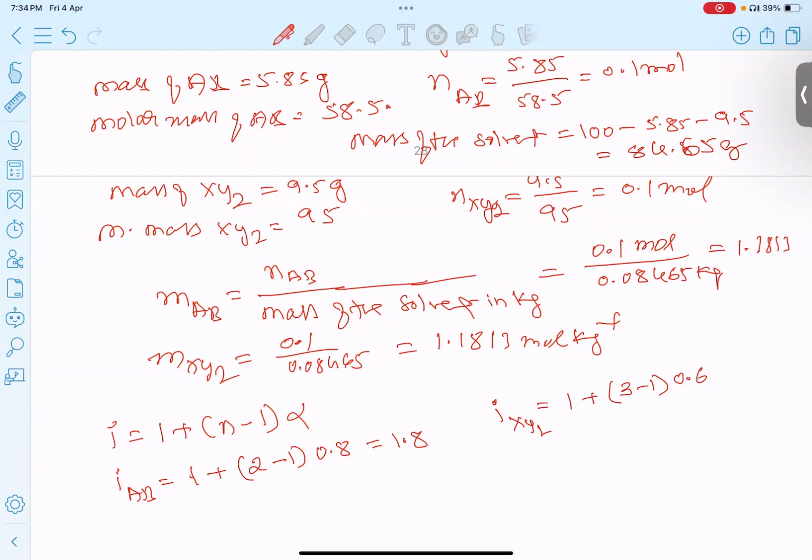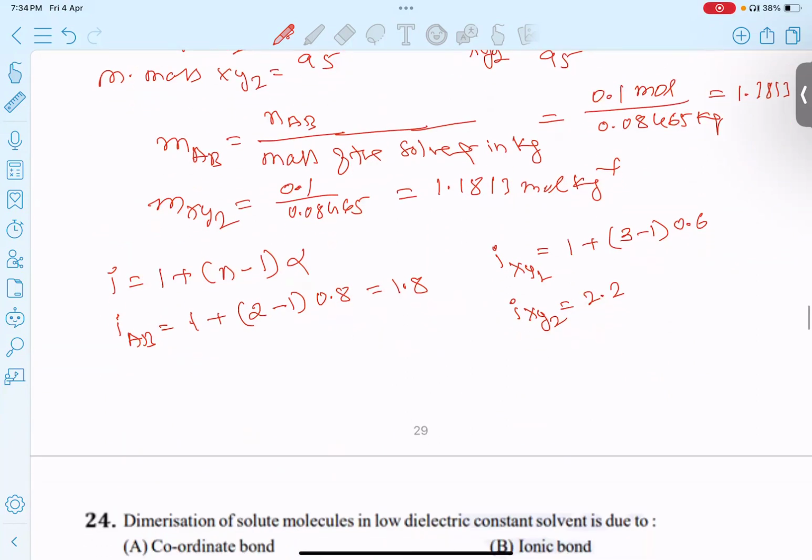A solute undergoes ionization. Therefore, the van't Hoff factor of XY2 value is 2.2. So now let us calculate delta TF. Delta TF is equal to Kf into [i of AB into molality of AB plus i of XY2 into molality of XY2].